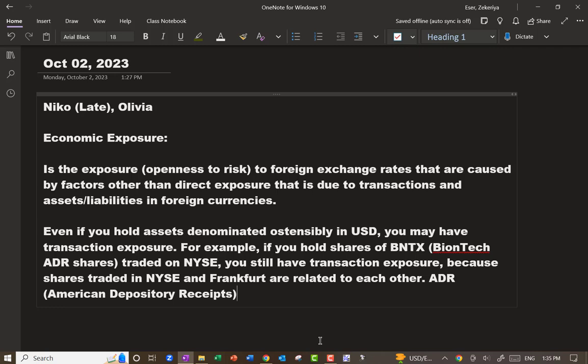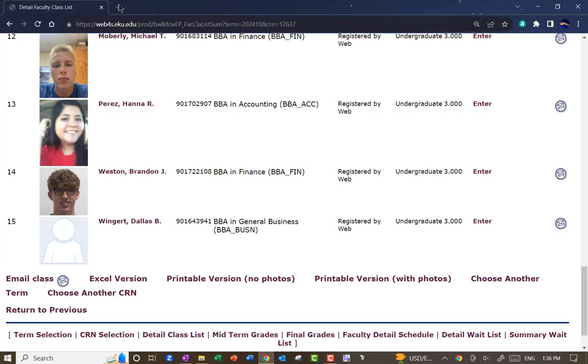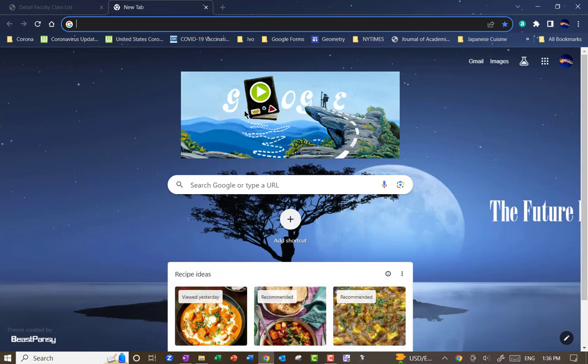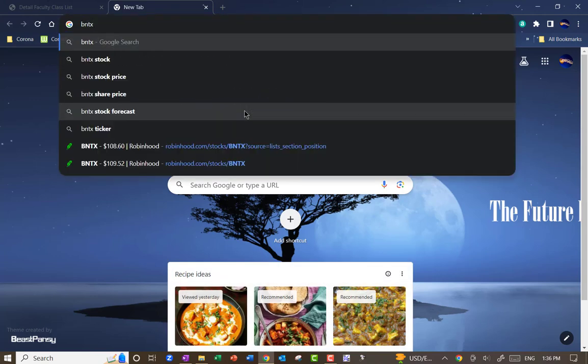Effectively, what you do is establish a shell company and deposit a certain number of shares of the parent company into the shell company, and you list the depository receipts as shares. There's a conversion ratio, for example. Let's look at BNTX.